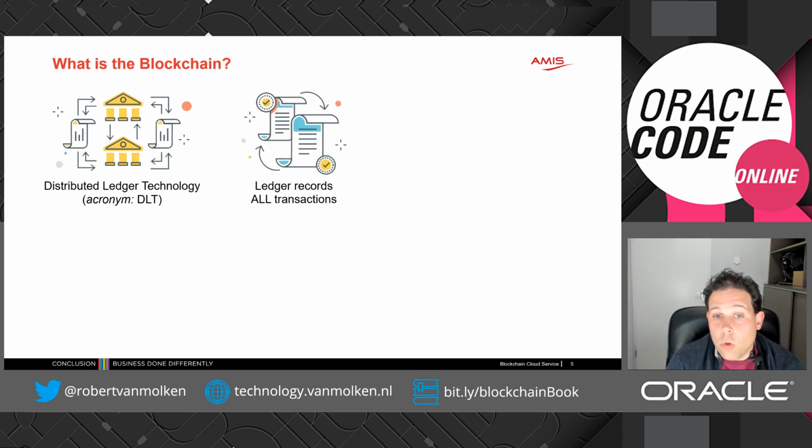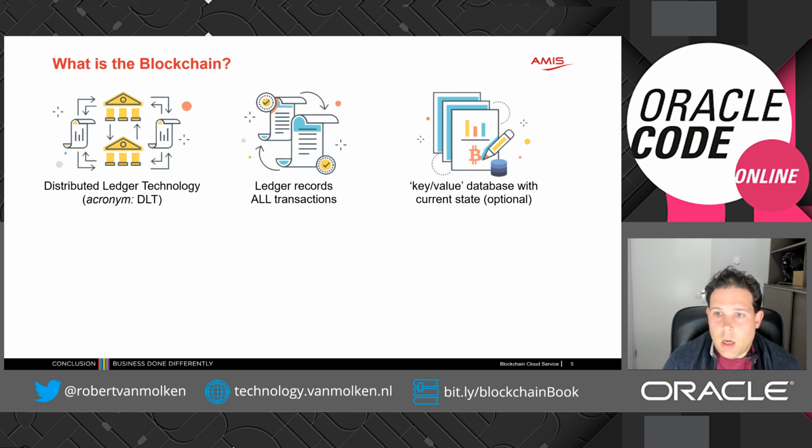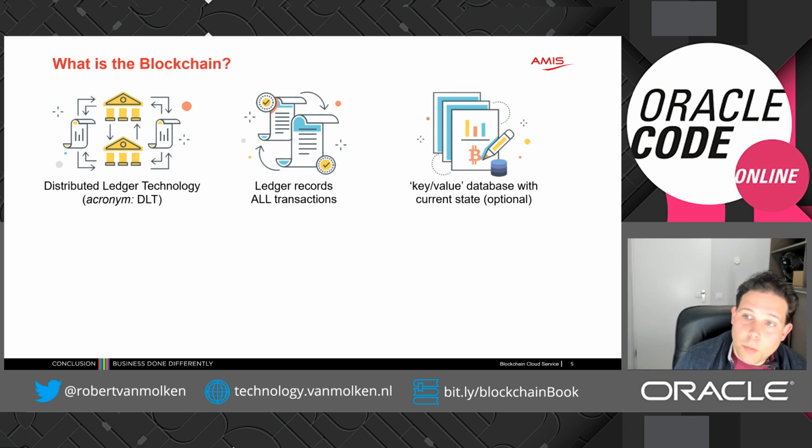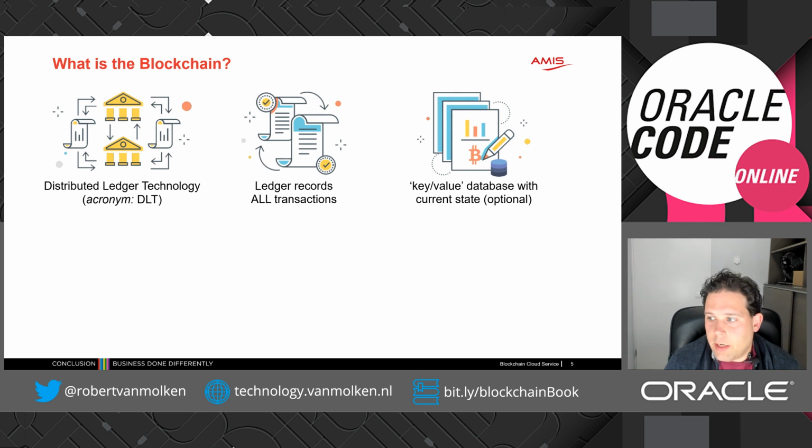The ledger records all transactions that are submitted to the blockchain that are successful. It holds the raw data, the whole data of the transaction, and also some information about the nodes or the participants that submitted the transaction. The more evolved blockchains, the enterprise blockchains, also keep a separate key value database with the current state of an asset, so the latest values.